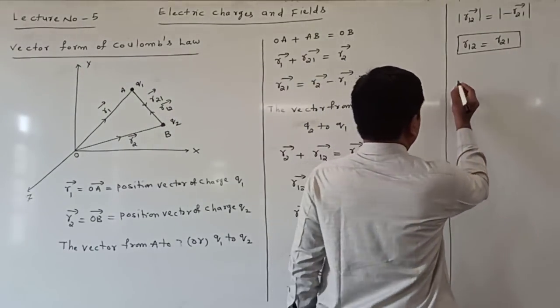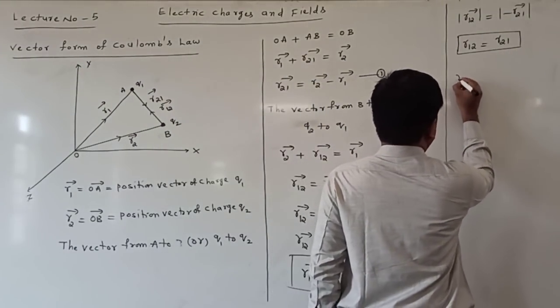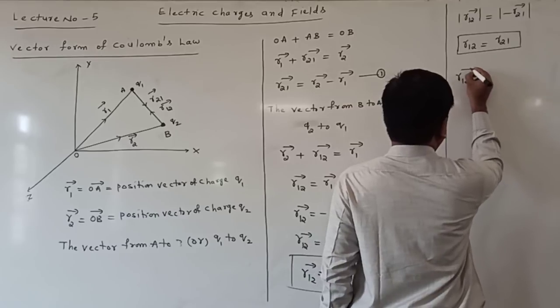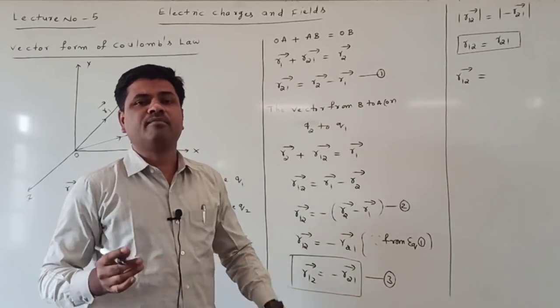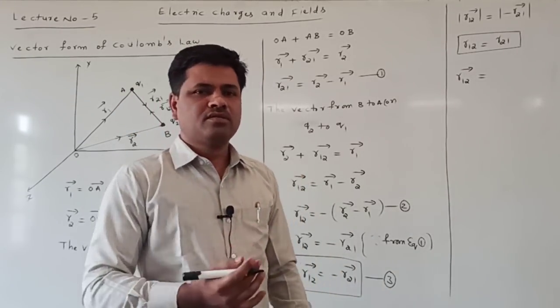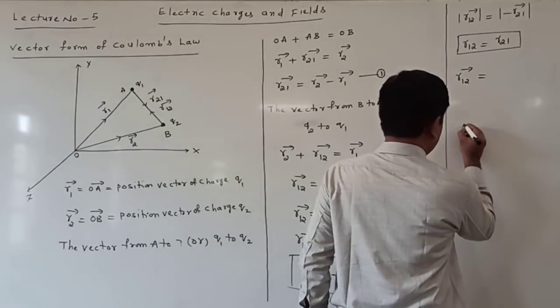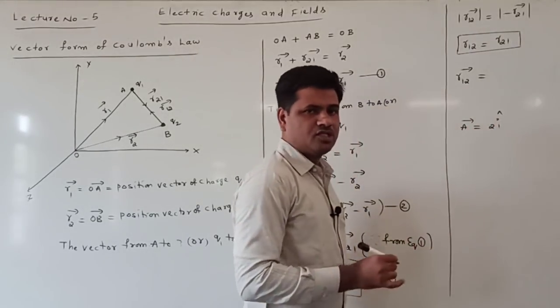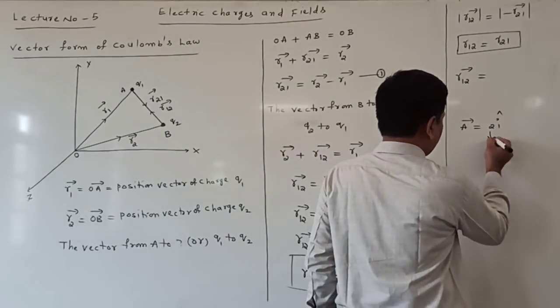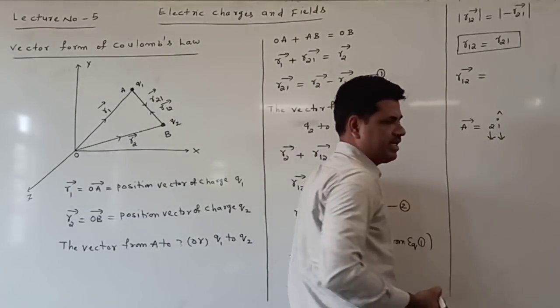Now I want to write the unit vector also. Here R12 bar is one vector. Any vector can be written as its magnitude into unit vector. Suppose one vector is there, a bar is equal to 2 i cap. Here 2 represents the magnitude of a bar, and i cap is the unit vector.